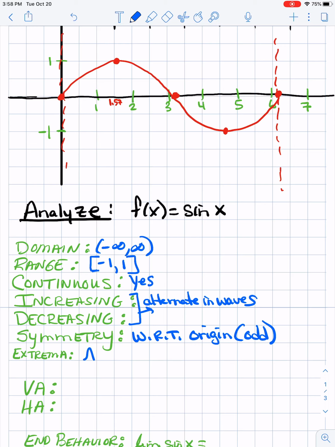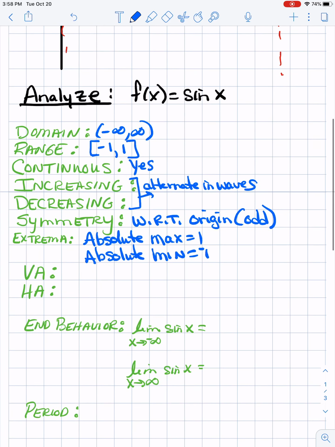Extrema: we have an absolute max of 1. We also have an absolute min at -1. As far as VA and HA, we have none. So no VA, no HA.